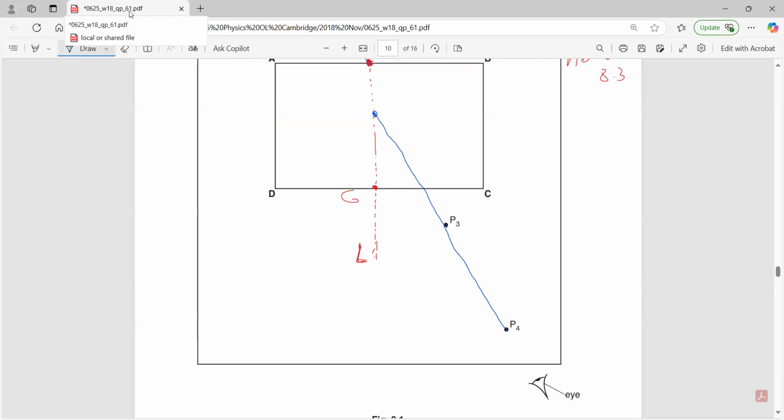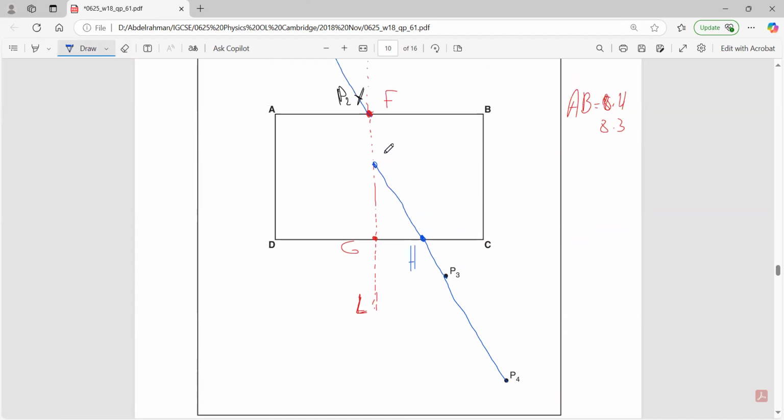Label the point where this line meets CD. Label this point F. Sorry, he said H. Label this point H. And then, what should I do?